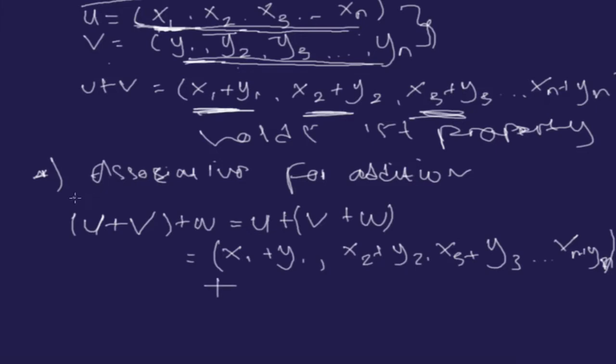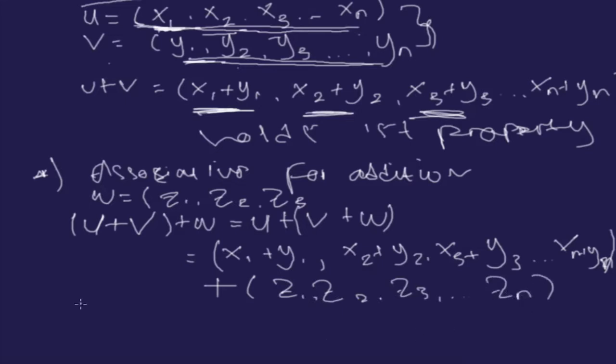We don't have a w yet, so we write w as z1, z2, z3, up to zn.